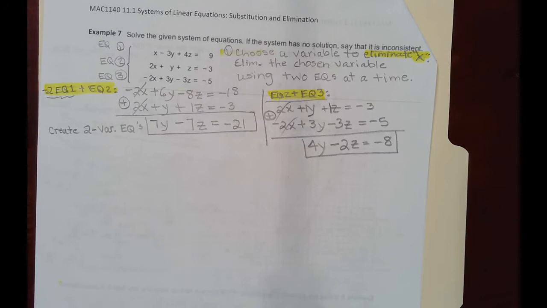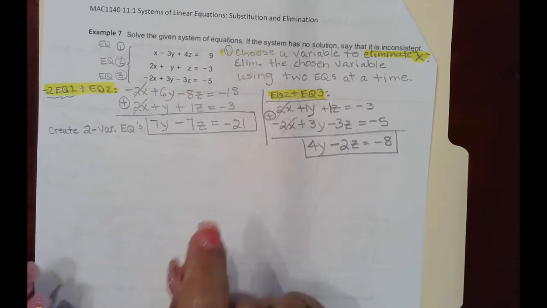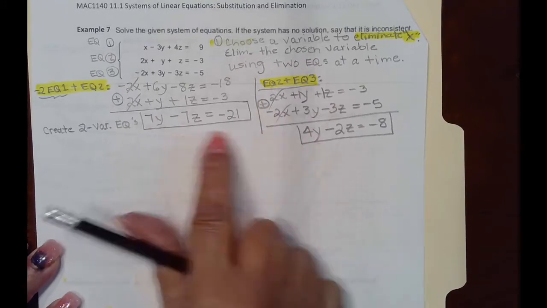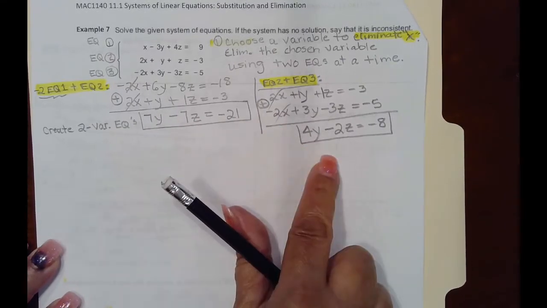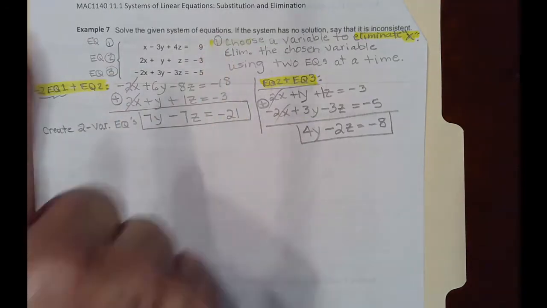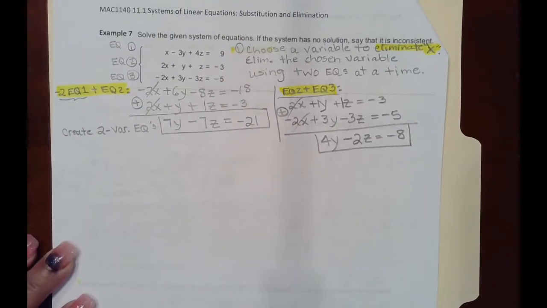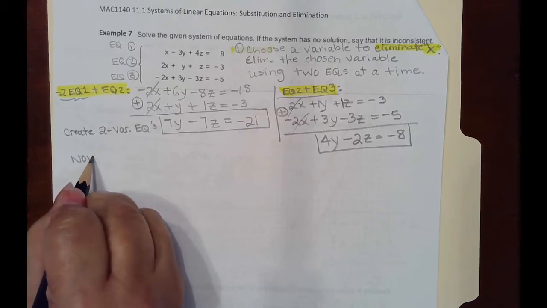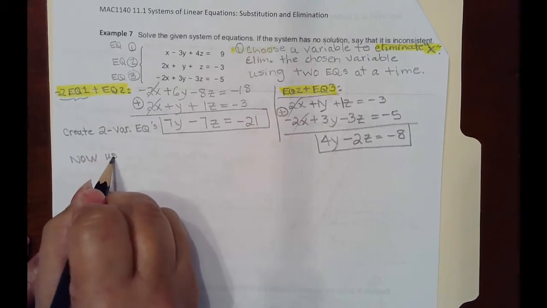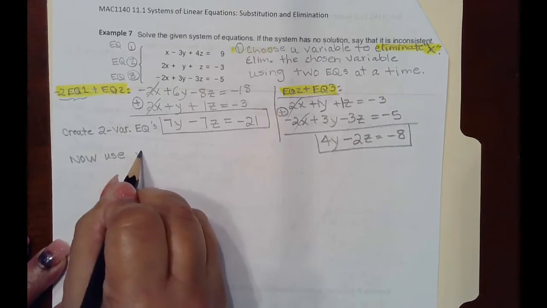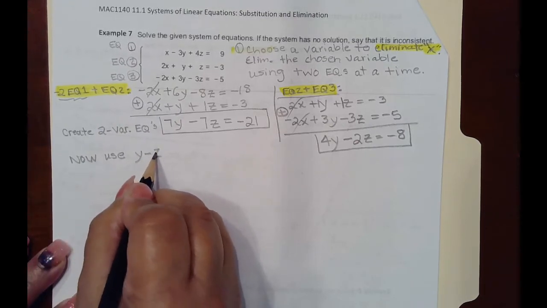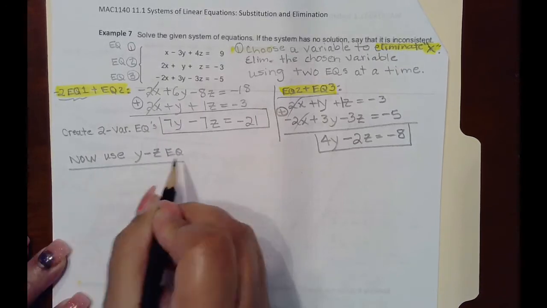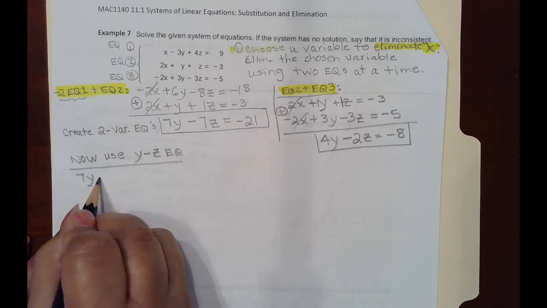What you're going to do at that point is take the smaller system that you've created that only has 2 variables in each of the equations rather than the main one. We'll go back to the main one towards the end of the problem. So the goal now is to use your YZ equations, that little mini system that only has 2 variables.